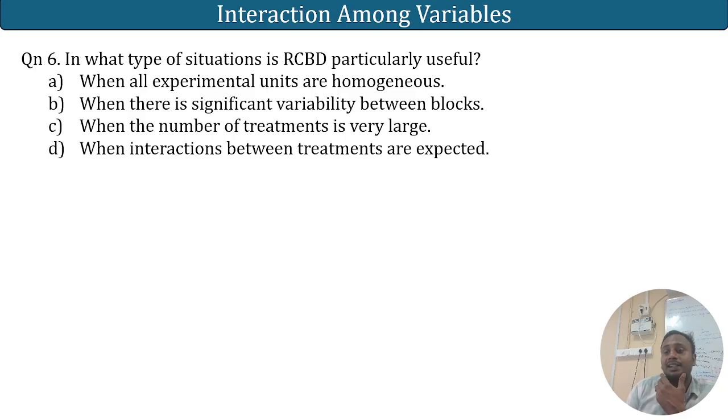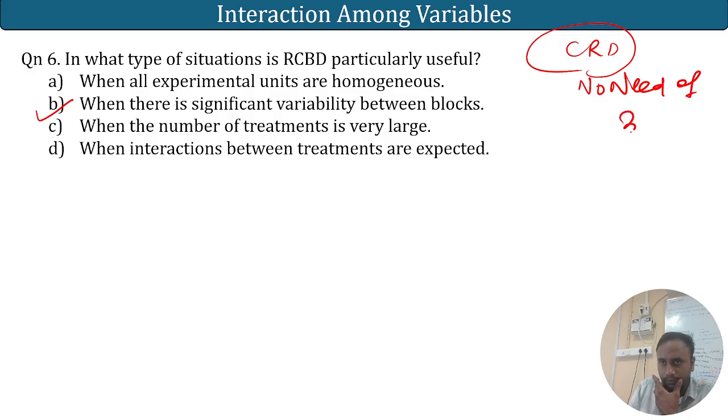When there is significant variability, is it? Yes, sir. When all experimental units are homogeneous, we can go with the CRD. Then we don't need to do the blocking, is it? Yes, sir. It's no need of it, because it's already saying they are homogeneous.